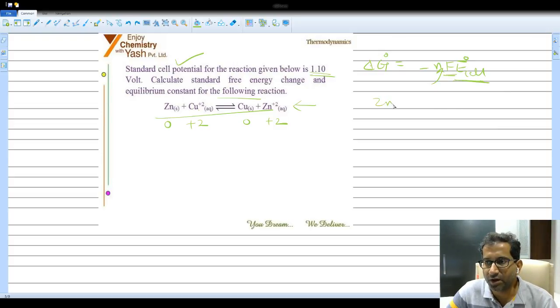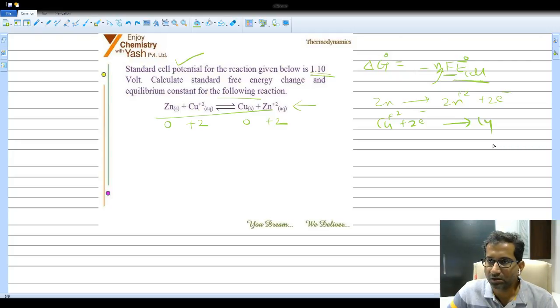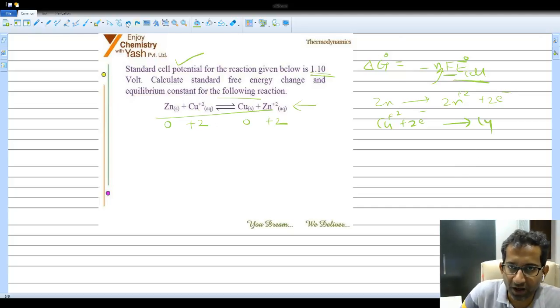So Zn becomes Zn plus 2 is oxidation, and that occurs at the anode, and Cu plus 2 becomes Cu is reduction, and that occurs at the cathode. Okay, can we start the question?